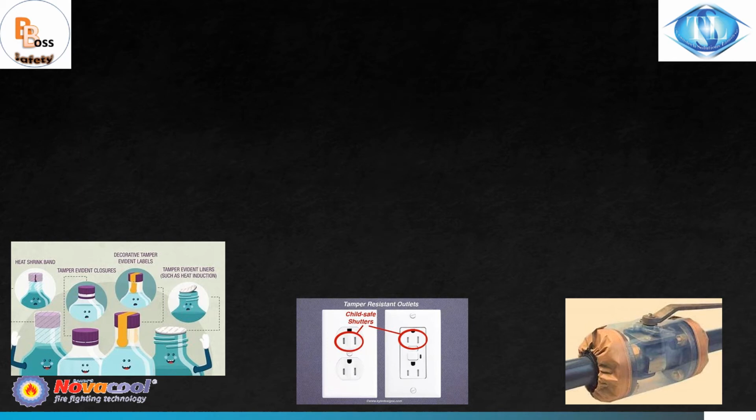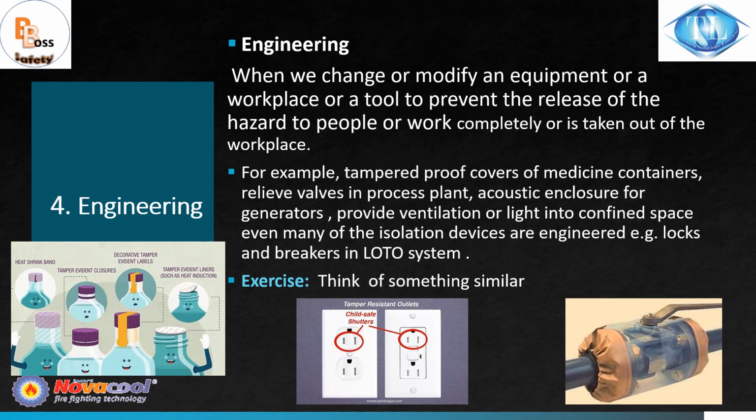Okay, now we come to engineering and design, which is everywhere around us. Acoustic enclosure of a generator. Generators are noisy by nature. So they design a cover, an acoustic enclosure that will reduce the noise to an acceptable level.